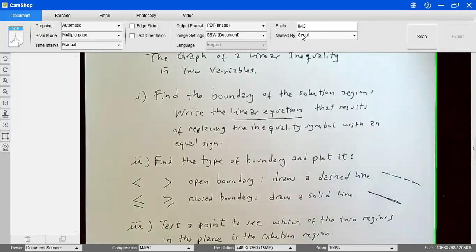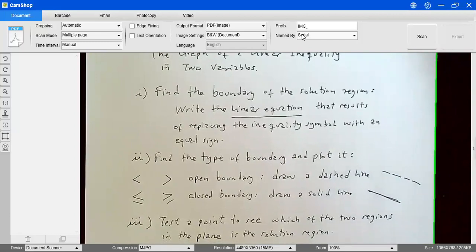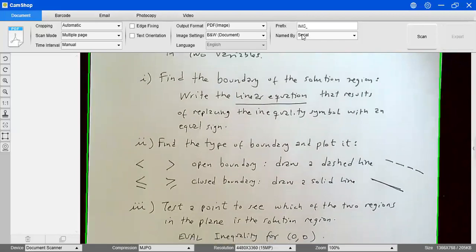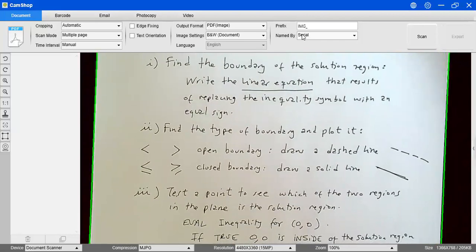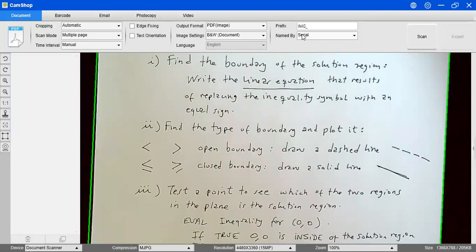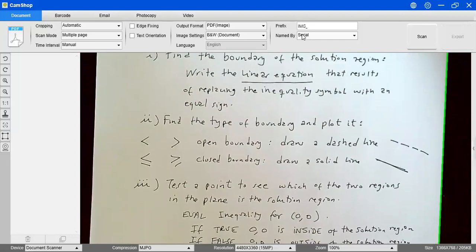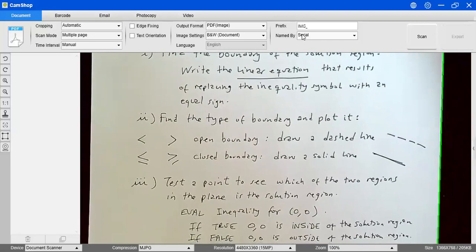But now we are working with two variables, so we are working on a plane, we are working on the Cartesian coordinate system. Then once you find the boundary, you're going to have two regions. So the boundary divides the Cartesian coordinate system in two parts. You need to test a point to see which of the two regions, which of the two parts in the plane, is the solution region.